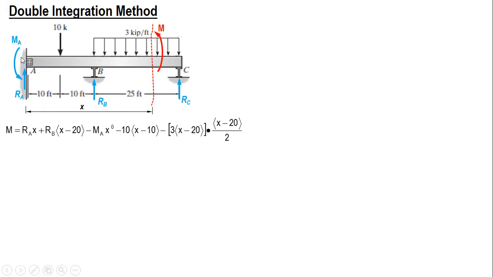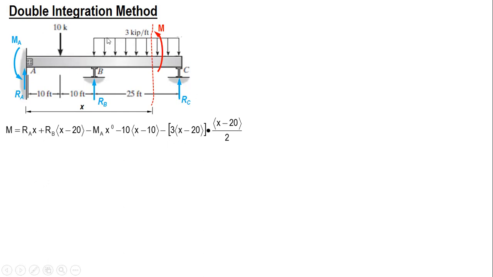And then for moment MA, we'll use this one. Distance to the cutting section is x, but with exponent 0. And then the 10 is counterclockwise, so minus, since we transposed. Force times this distance, this is x minus 10.